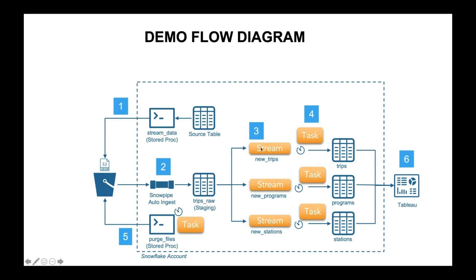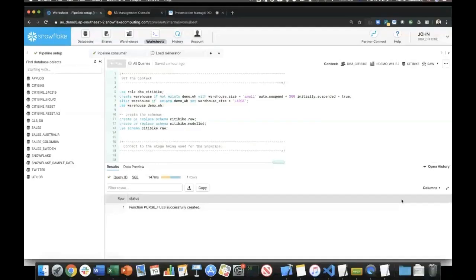Then I'm going to set up 3 streams, and they will be named new trips, new programs, and new stations, and these will be the deltas from the source table, and then we'll capture all the changes. And then as step number 4, I will set up tasks, which will have the transformation logic and start to move data upstream to tables, which will then be visualized through Tableau. So these are the 6 different steps we're going to do as part of the demo. So let's just get into it.